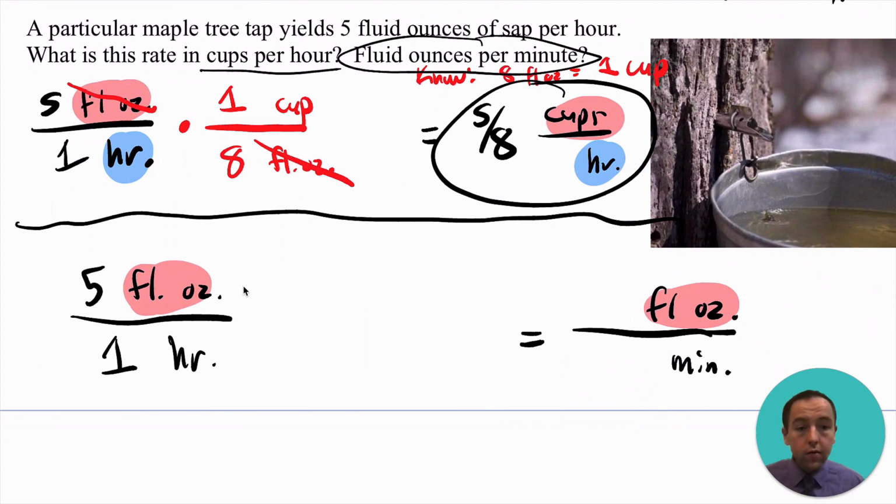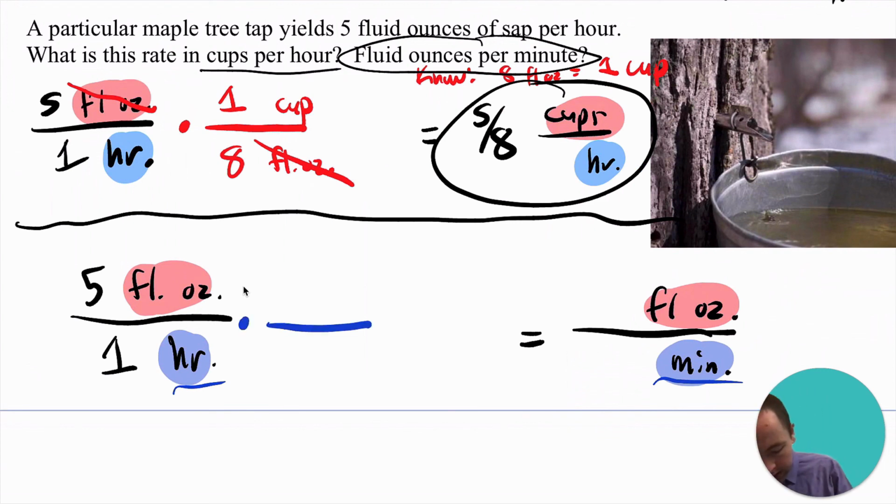All right, now with that corrected, you're going to notice that we don't have to change the conversion of fluid ounces because we want both of these rates expressed with fluid ounces. But since we're starting off with a rate that's per hour, we want to convert that to per minute. So the blue aspect of this is the only thing that we really need to deal with. To reconcile that, we just need to convert hours to minutes. We just need to know an hour is 60 minutes, of course. So we're going to multiply by a conversion factor.